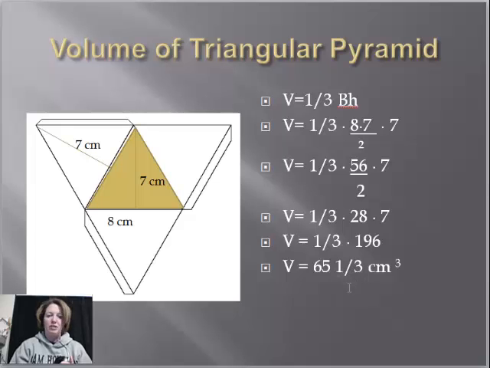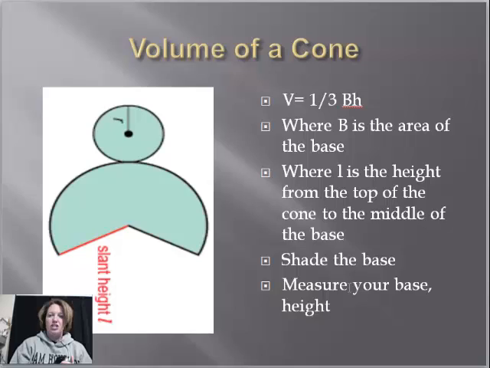The next shape we're going to do is the cone. Same formula, volume equals 1/3 BH, where B is the area of the base. Well, the base on a cone is a circle. And the height this time is the slant height, but it's still the top of the cone to the middle of the base. You need to shade in your base and measure your base and your height.